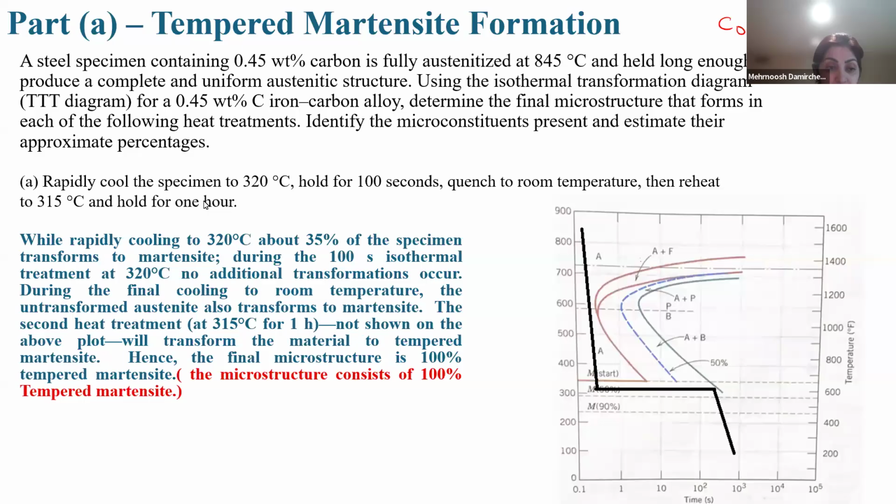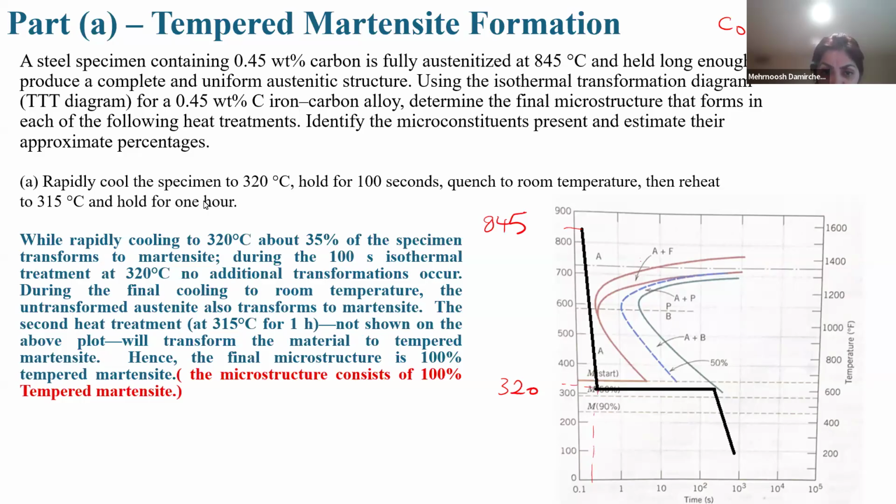Okay, let me clean that and start with part A. It says rapidly cool to 320. These temperatures are 320 and, as the problem said, 845. Rapidly cool to this temperature, hold 400 seconds.